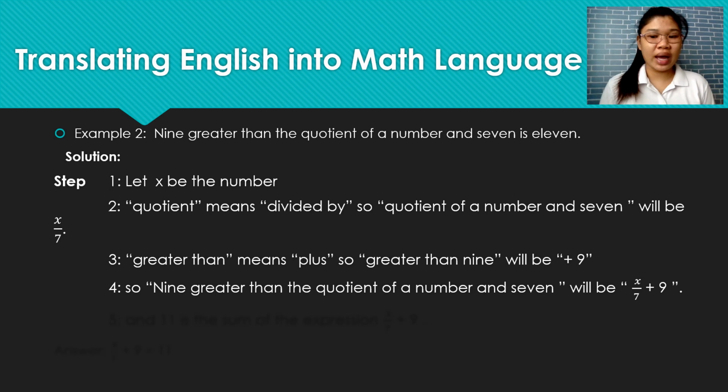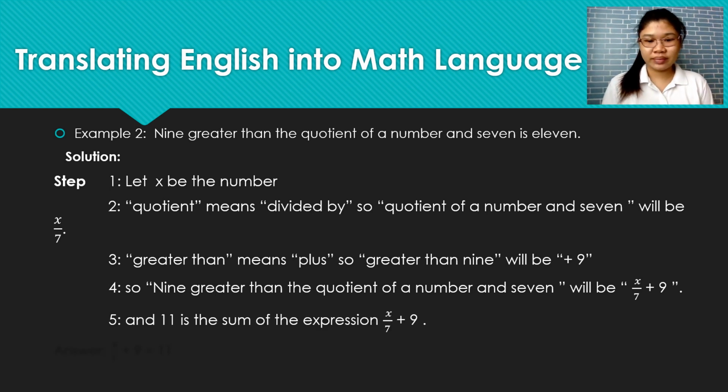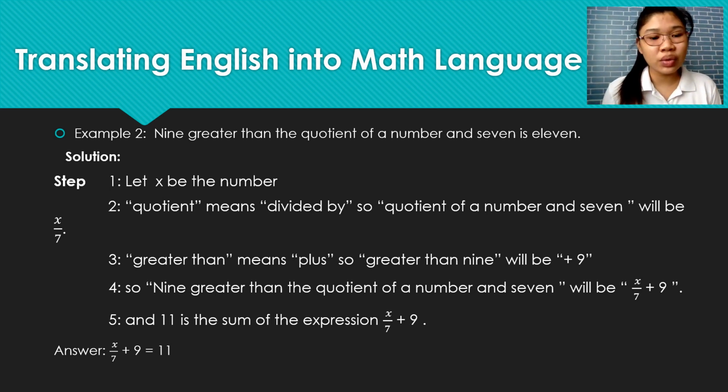So we have here x over 7 plus 9, that is the quotient of a number and 7 plus 9, is equal to 11.